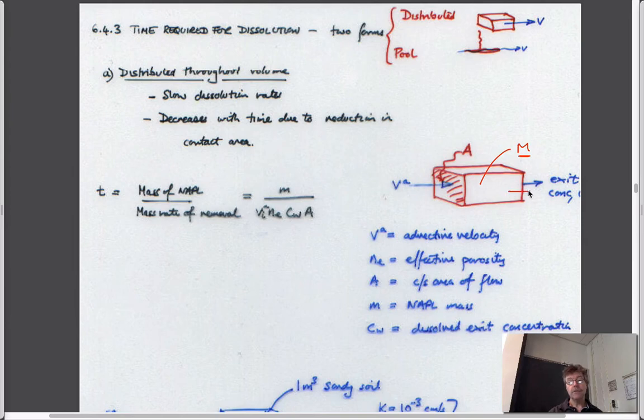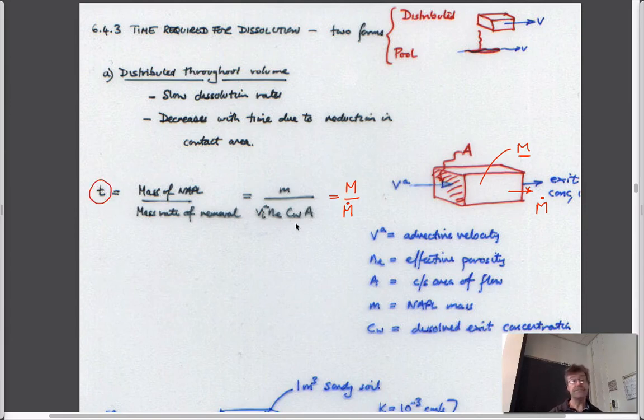If we know the mass rate at which we're removing it, then if we divide the mass by the mass rate, we get the time taken to remove it.